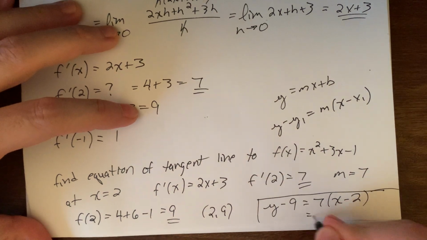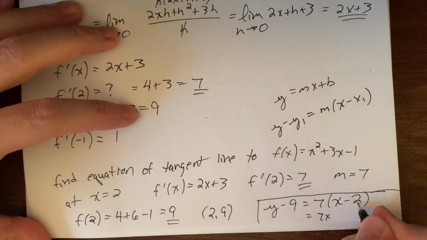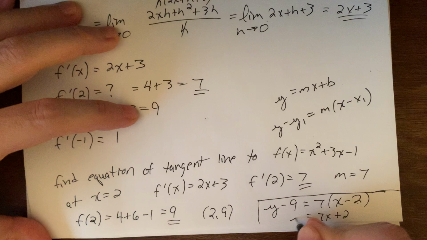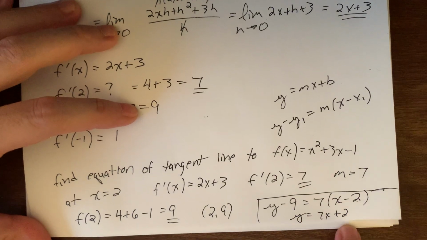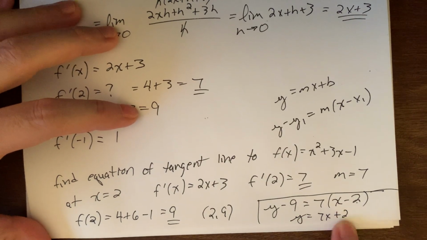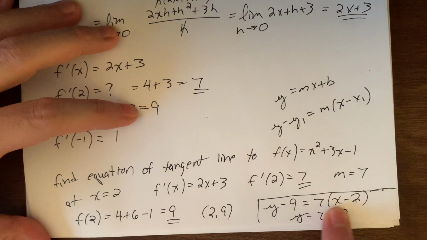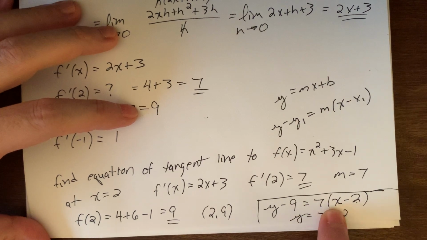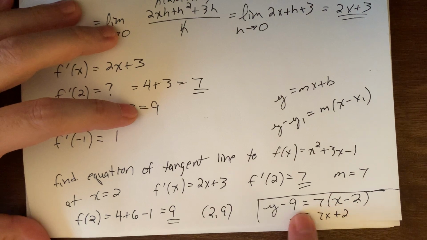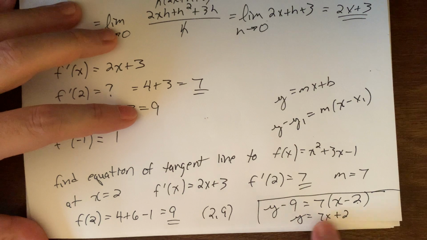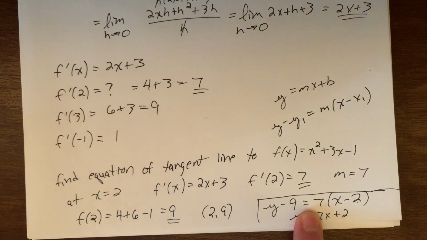You'll get 7x minus 7 plus 9, you'll get y equals 7x plus 2. But for any test or quiz, I have no problem at all if you just leave your answer just like this. Every once in a while, we'll have some ugly values. It won't be so easy to find b or to resolve this equation. So again, I'd have no problem if you left your answer like this.